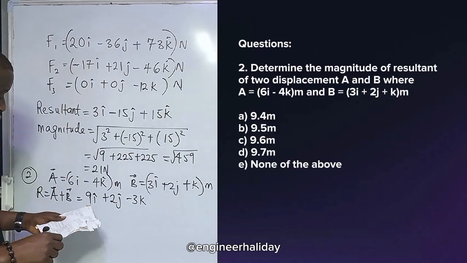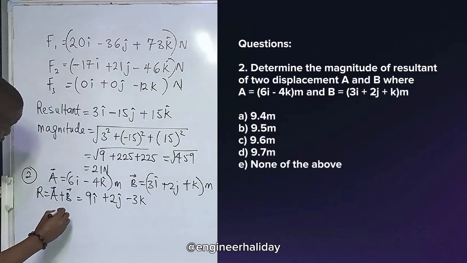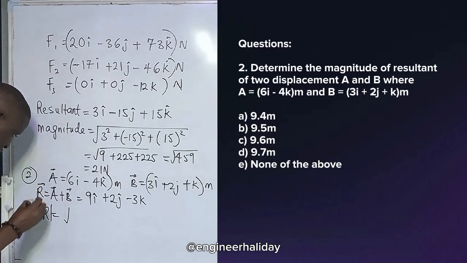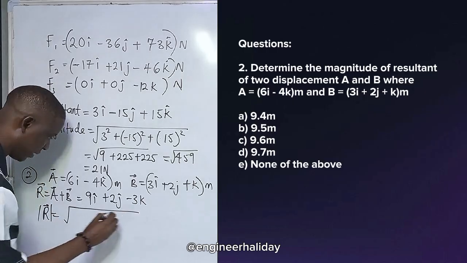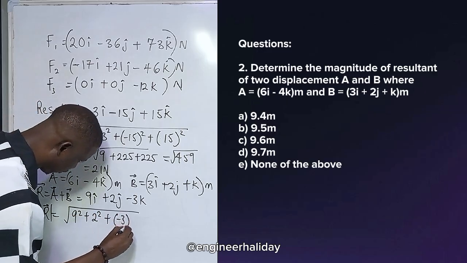Having done that, this is the resultant normally. But in the question, they say we should find the magnitude of the resultant. So what I'm going to do now is find the absolute value. The absolute value will be 9 squared plus 2 squared plus minus 3 squared.